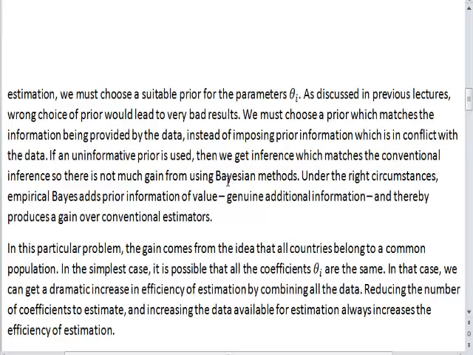And so here, if there is a genuine relationship across countries, the goal of this lecture and all subsequent lectures in this Bayesian series is to understand what this genuine prior information is, where it comes from, and how it is used to get a better estimation.